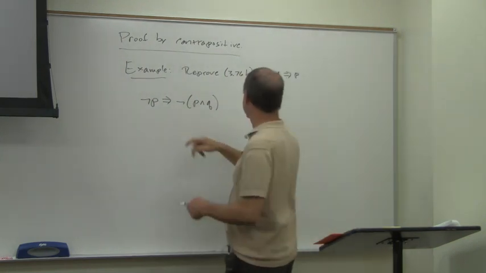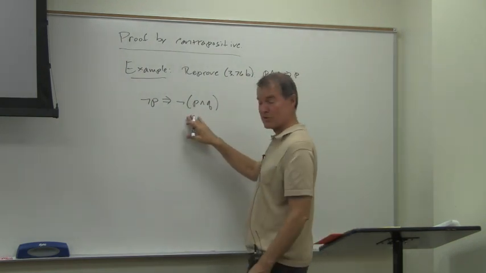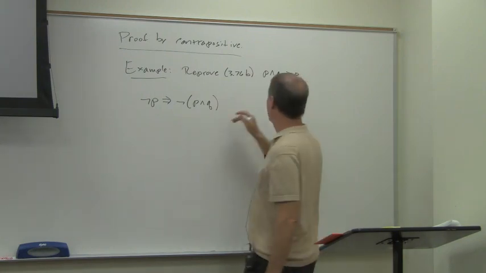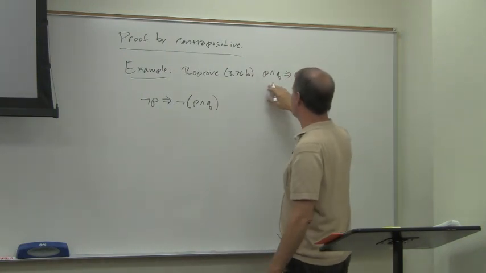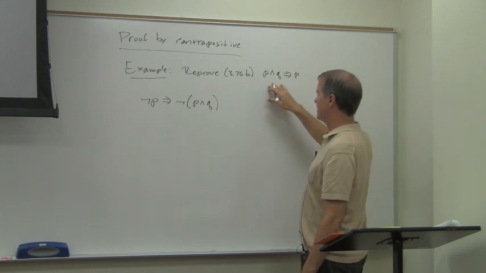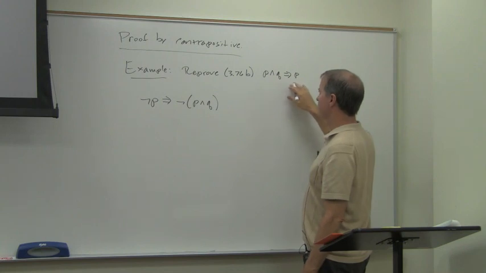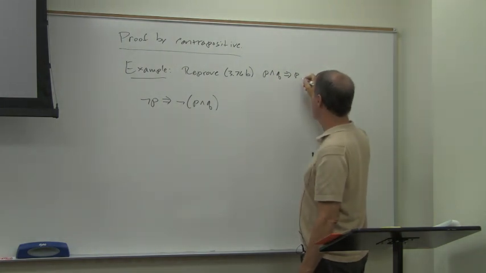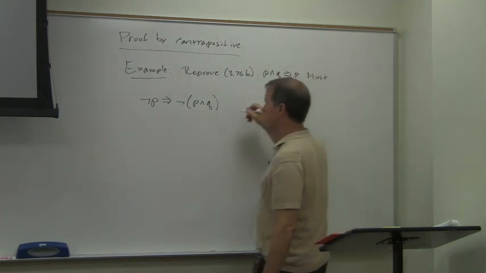So we must prove this. Do you want to start with just one side? It's fine with me. Let's reprove 3.76b. I was going to do the whole thing, but let's just do this. Here's what we must prove.